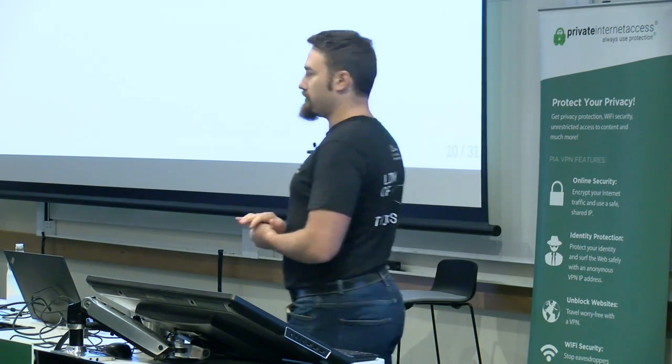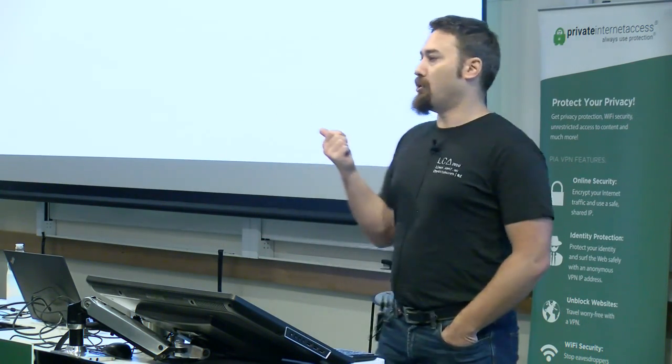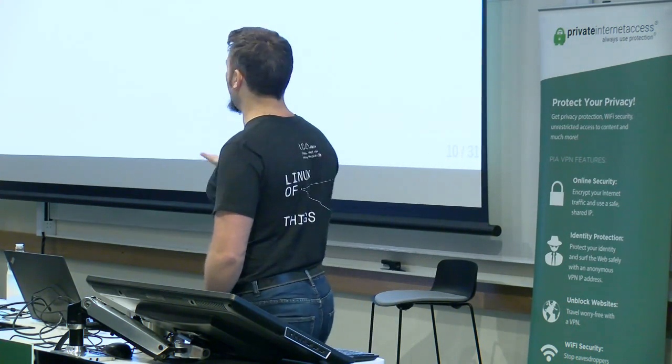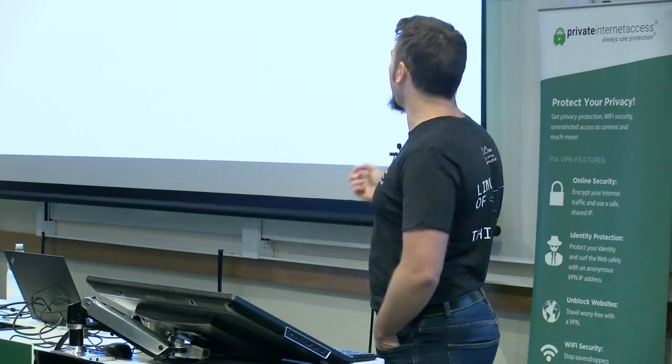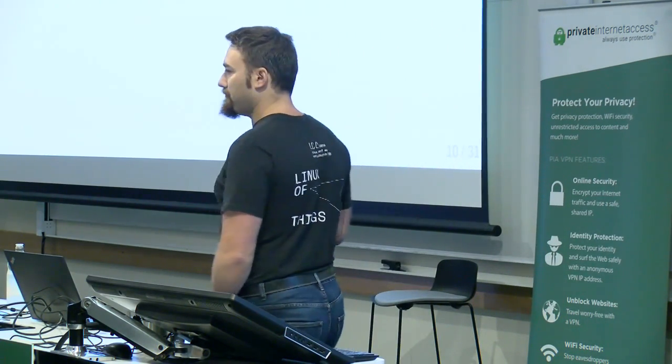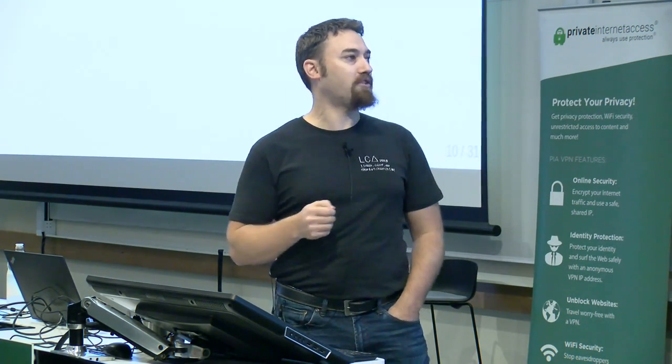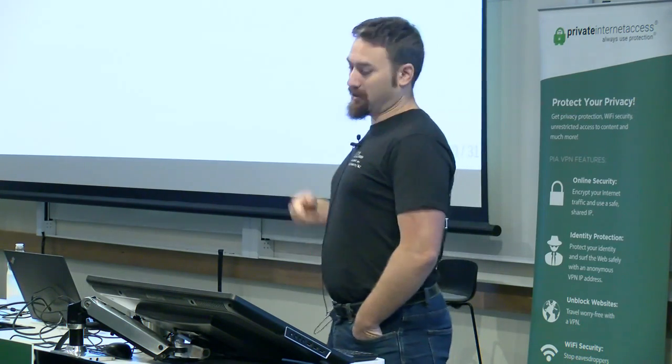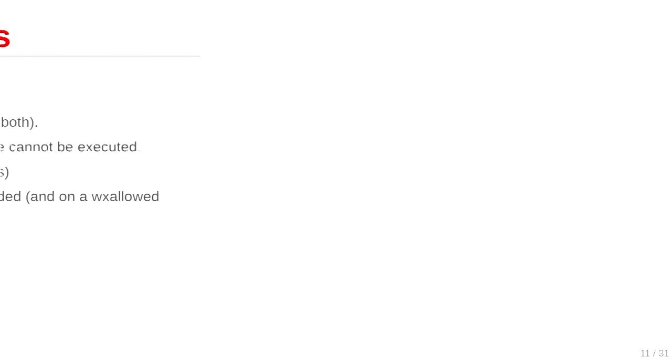On OpenBSD, the solution generally to this has been that we disable write and execute can't be enabled together unless a binary is marked with a WX needed flag, which is a linker flag, basically adds an ELF section to it that says, hey, this thing actually does require this, so you actually tell it that at compile time. And it also has to be on a file system which has been mounted with WX allowed. So we make this as hard as possible. But if you go and install certain pieces of software from ports or packages, then you can still actually get it to work because it depends on this stuff. If you're in a position to actually address some of these, please do.